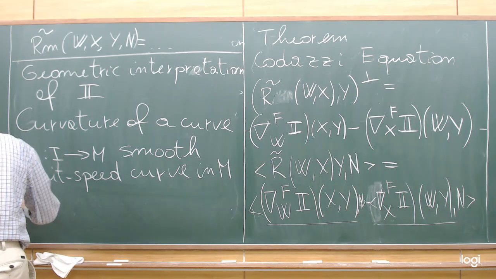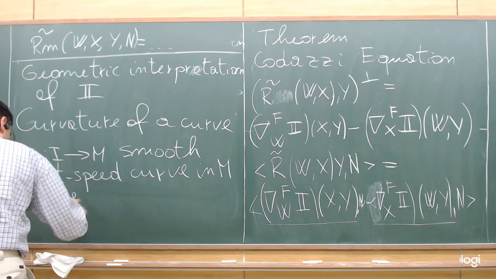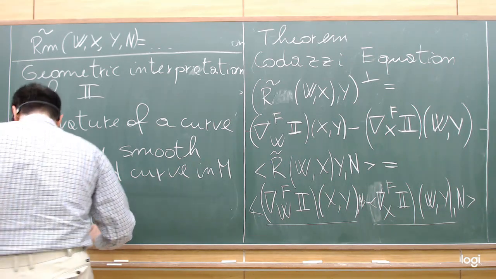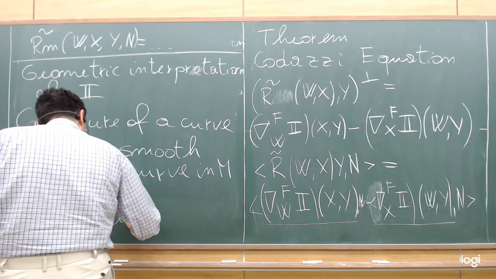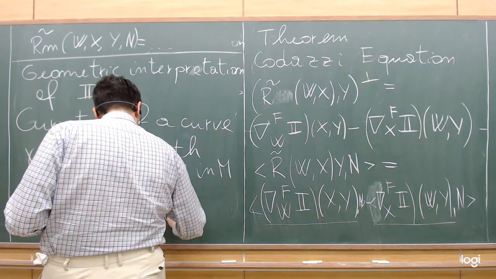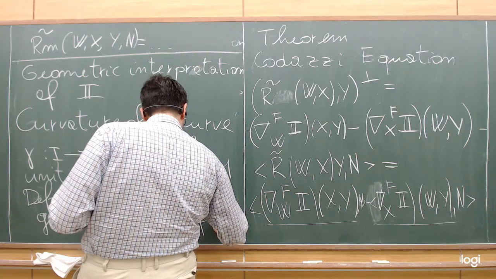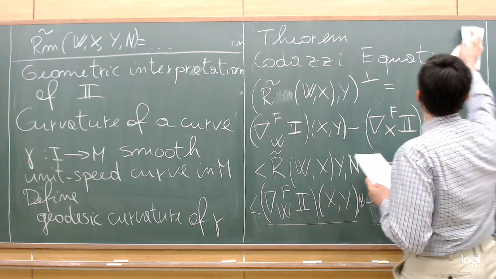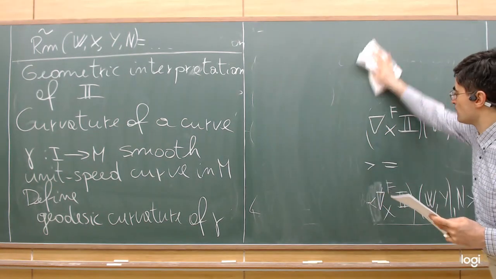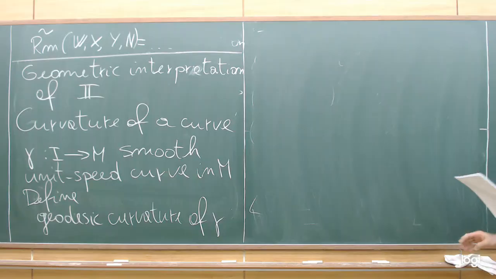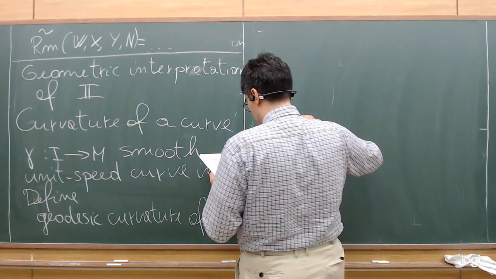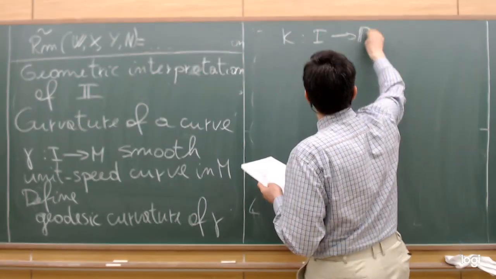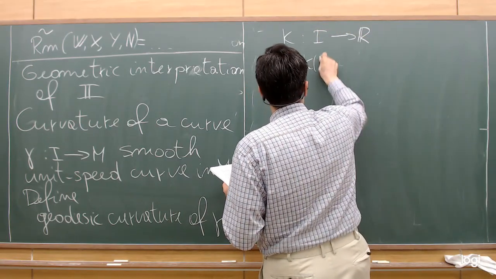Then we can define the geodesic curvature of gamma this way, k of t.